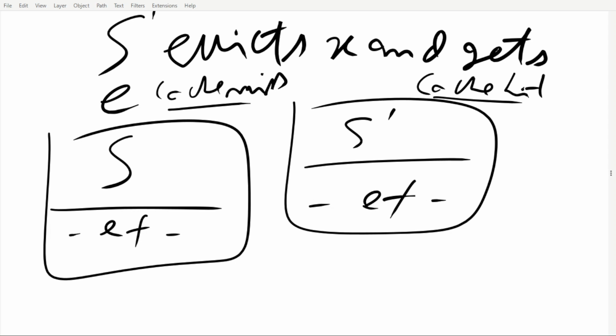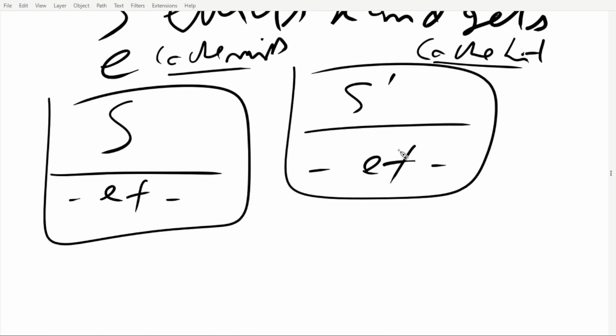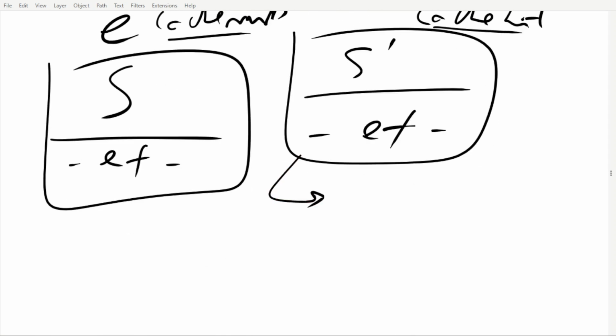But in spite of the cache hit, S prime will evict X and get back E, so that both have the same cache. So now both have the same cache, but S prime is not in reduced form.